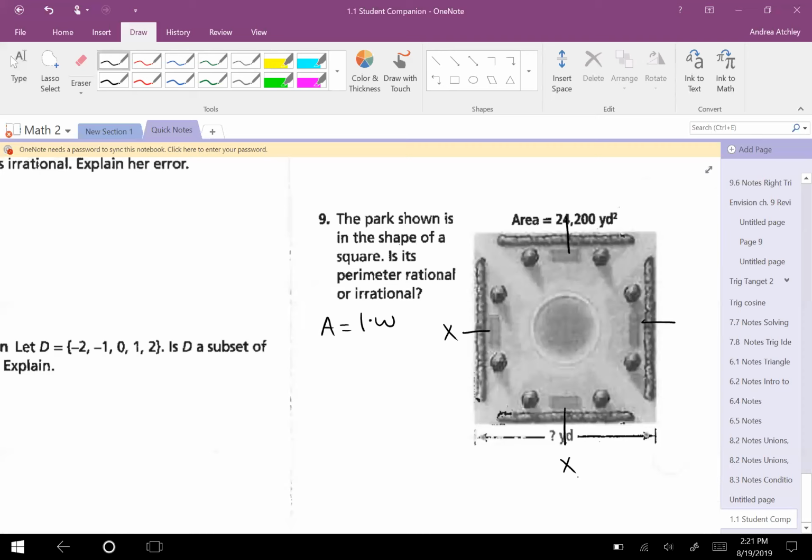So if I use my area formula, the area they gave me was 24,200. And then the length and width are both x, so x times x.